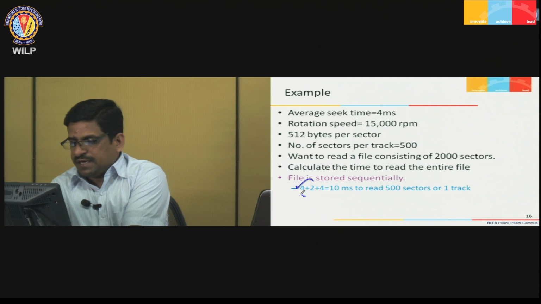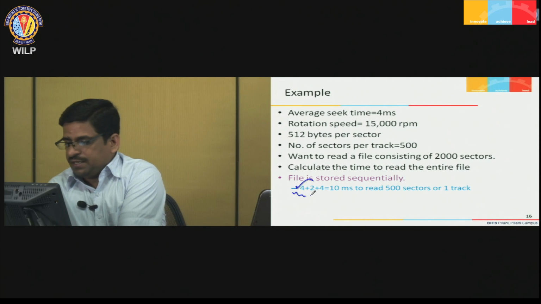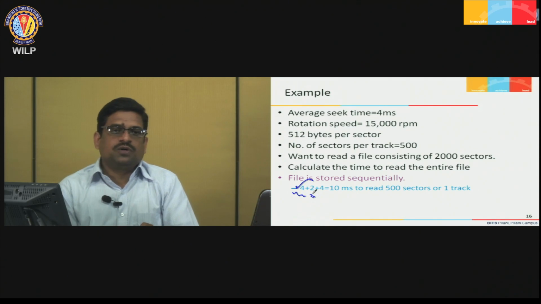The seek time is there to locate the desired track. That is 4 milliseconds, already given, and then 2 milliseconds for the average rotational latency.